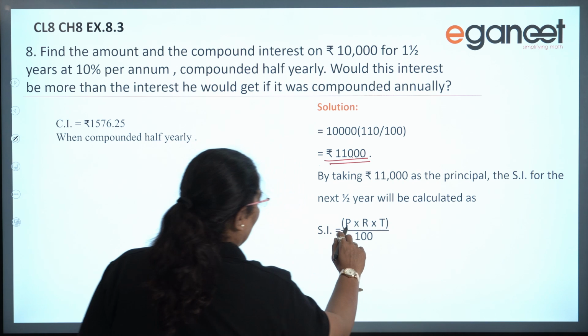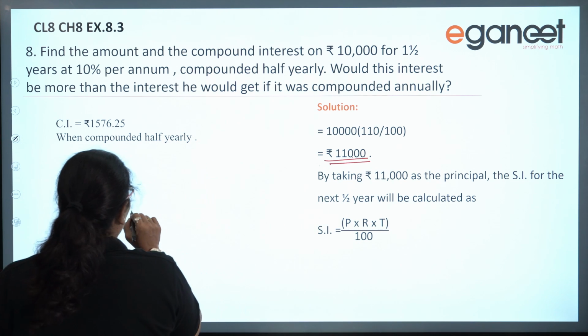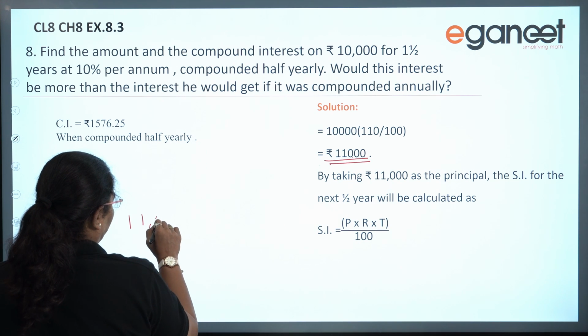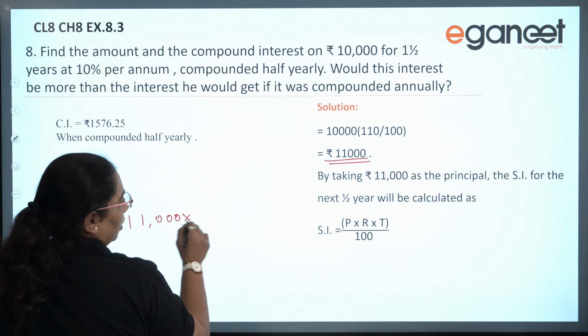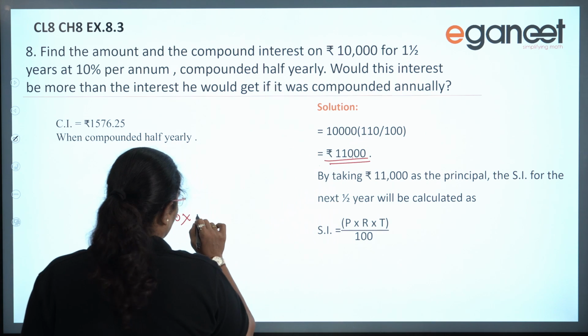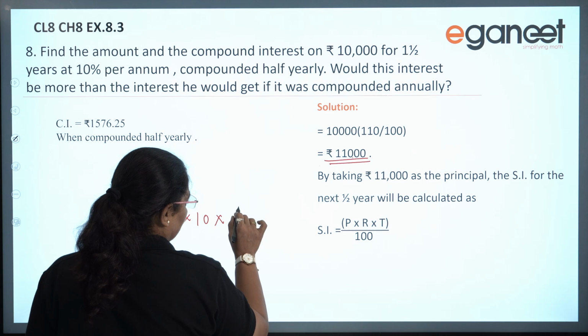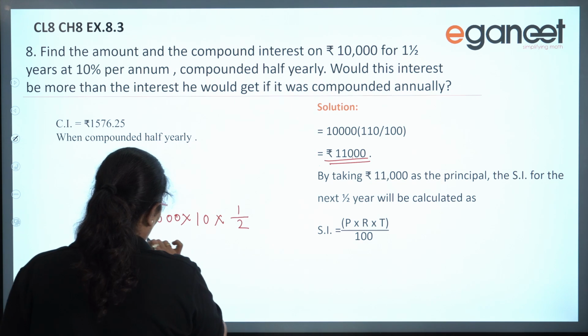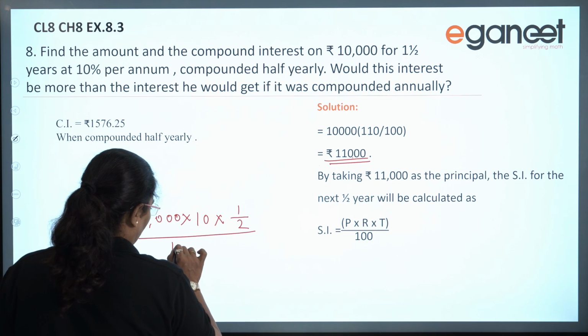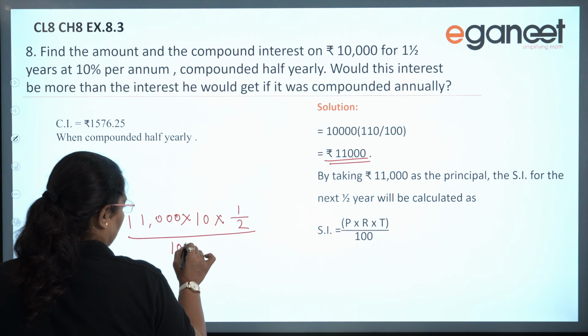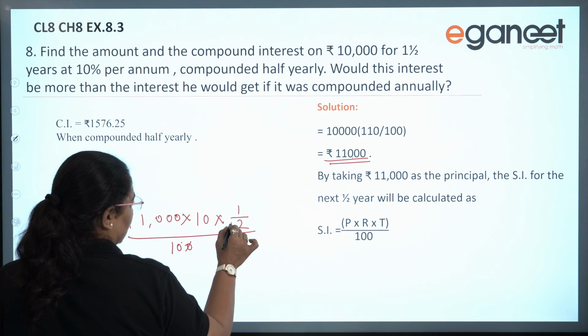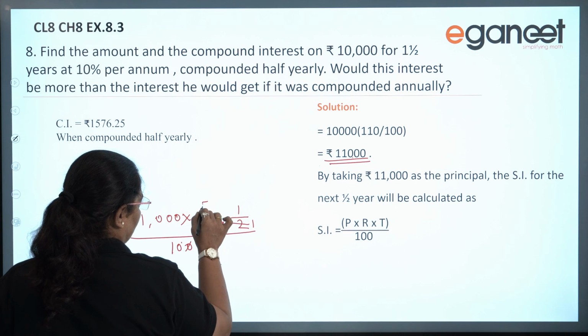By substituting values here, P we have to take 11,000, our rate of interest is 10% and T, the time period, is 6 months, that is half year, divided by 100. How much will this become equal to? 2 ones are 2, 2 fives are 10.